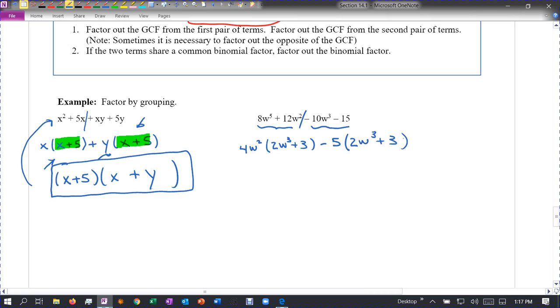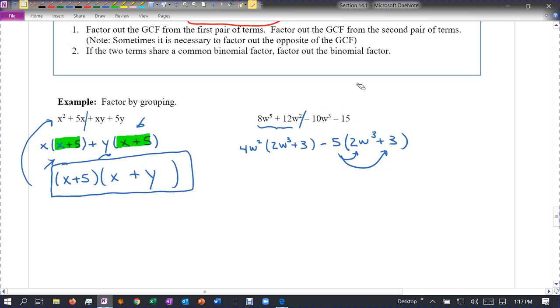So I'm not showing that work. I'm trusting that you have done enough examples that you can see what the GCF is of this, which is the negative 5, and then go ahead and put your parentheses and think about what you need inside that parentheses to get back that expression.